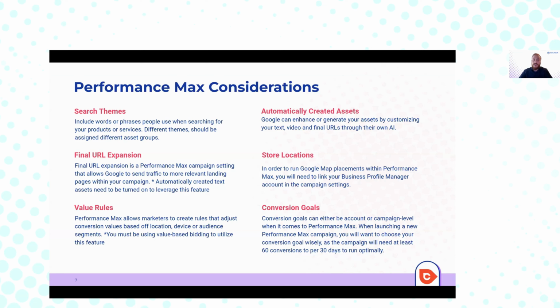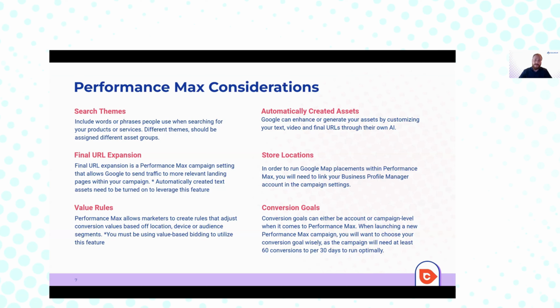Different themes should be assigned to different asset groups. This is a best practice when setting up your Performance Max campaign, and you want to make sure that each asset group has some search themes tied to it to make sure that you are properly aligning the structure of your Performance Max campaign. You can actually include up to 100 different asset groups within your Pmax campaigns.